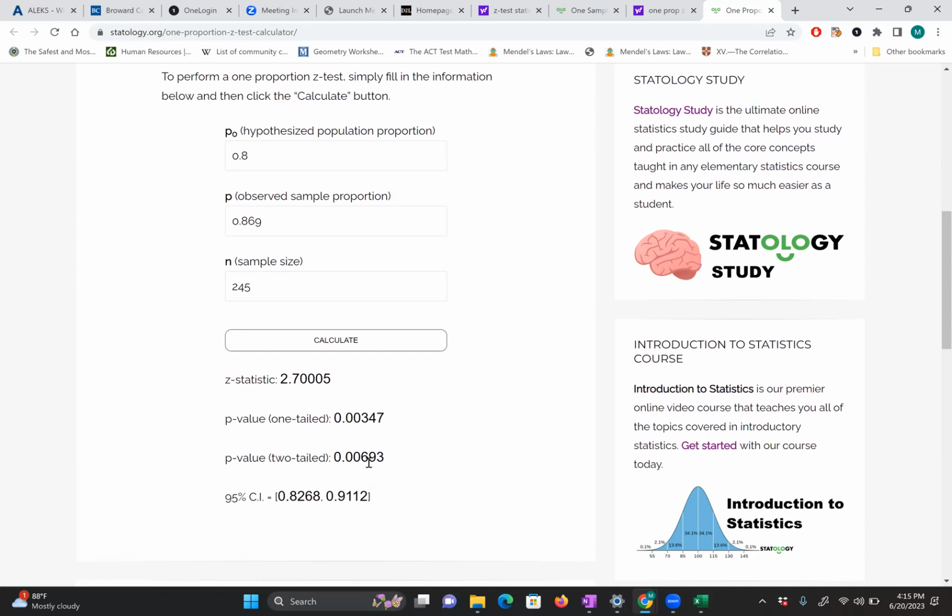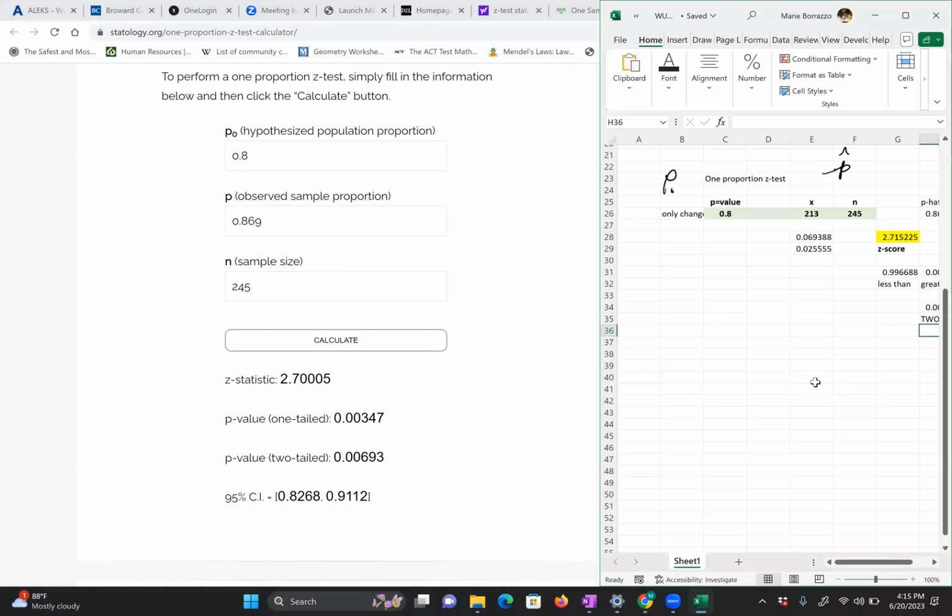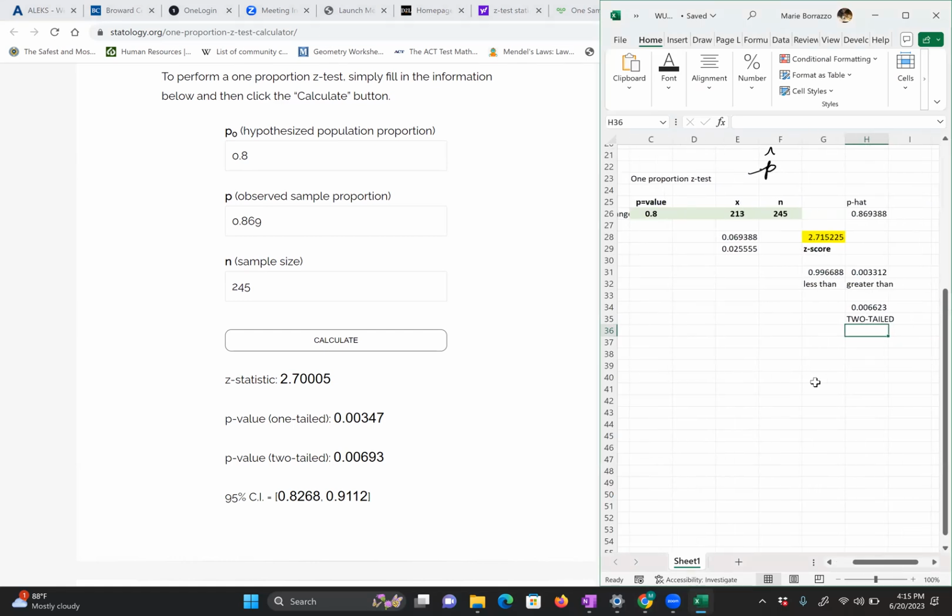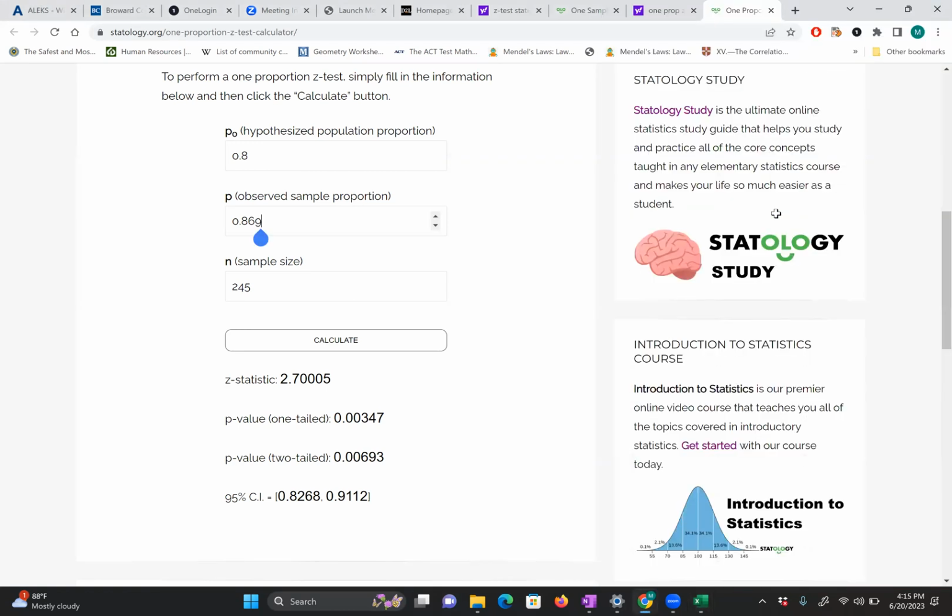So if you notice, this rounding is a little different from the Excel that I provided you. Just take a look here and you'll see why. I think the issue is right here. See how if I do equals 213 divided by 245, I'm getting 0.869, but there's a 388 following. I wonder if I could change that 388 in this calculator again. Well, that comes closer.